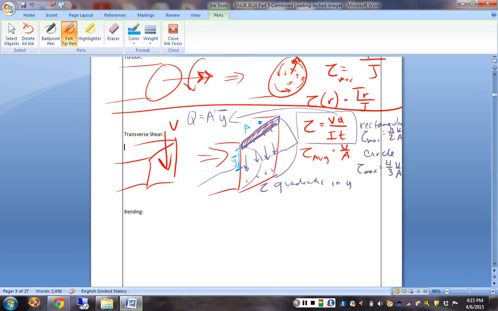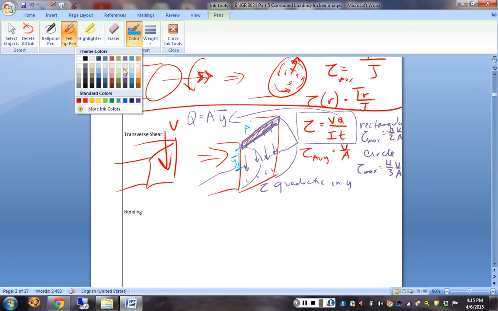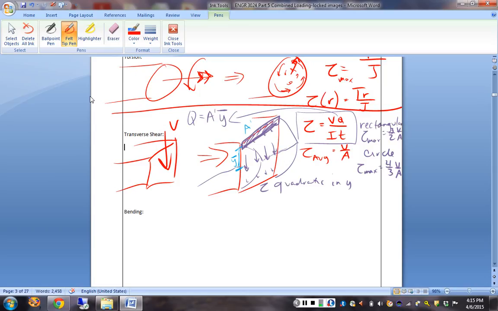So now bending, what does it look like? If we take our section cut, if we draw our moment as a double arrow, that corresponds to a bending moment in that direction.